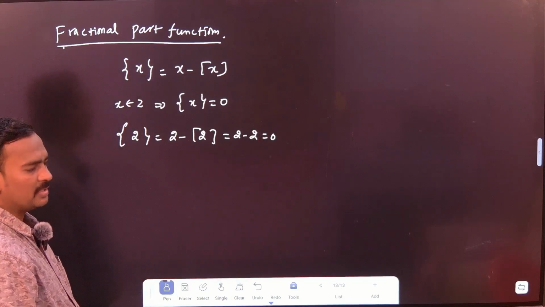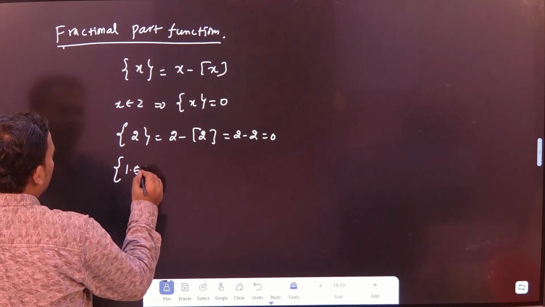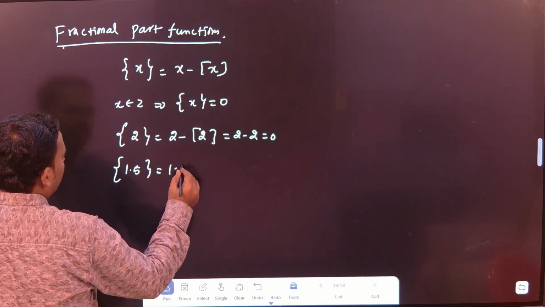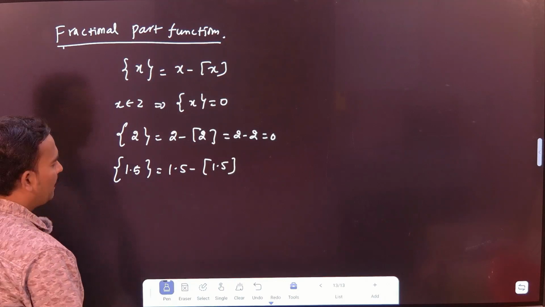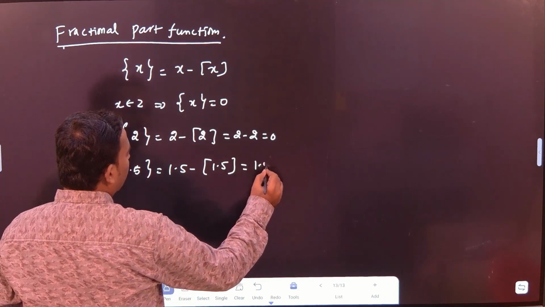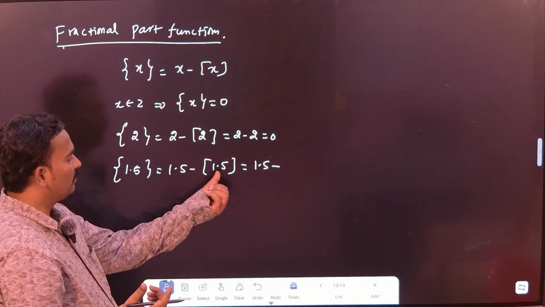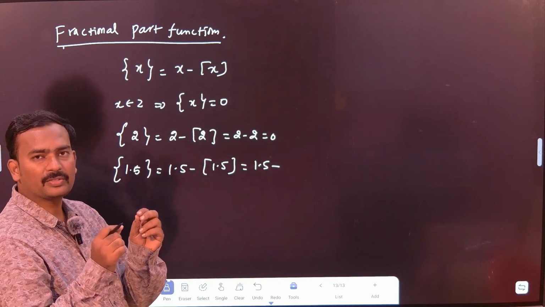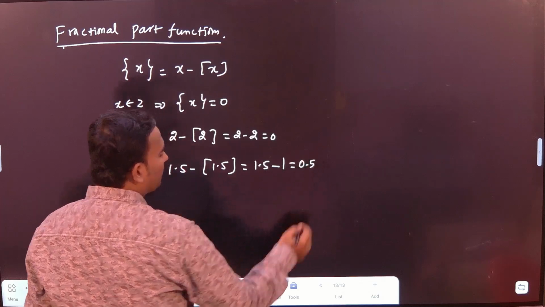One observation, right? Let's take the greatest integer function of 1.5. So 1.5 minus the greatest integer function of 1.5. Clear? So what is the value? 1.5 minus the greatest integer function of 1.5 is what? The greatest integer function of 1.5 is 1, right? You will get 0.5.